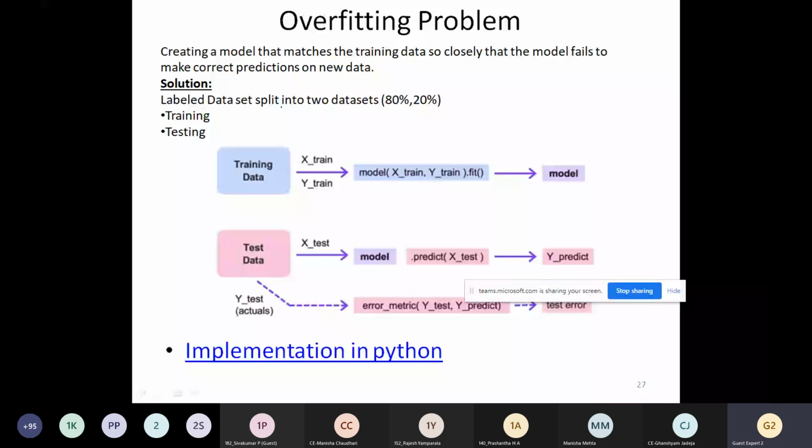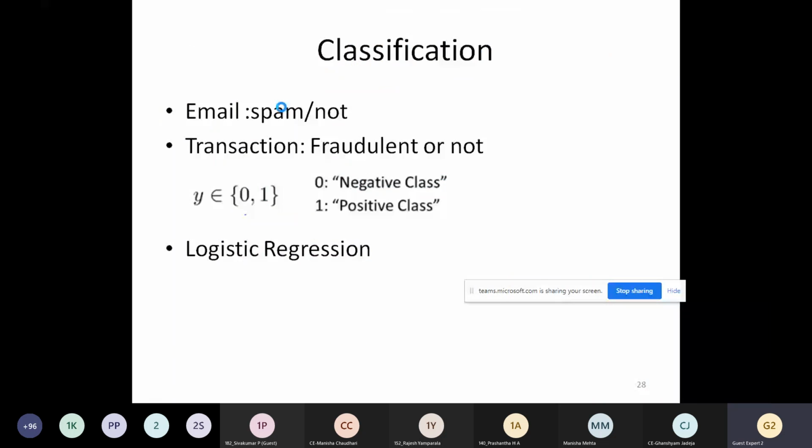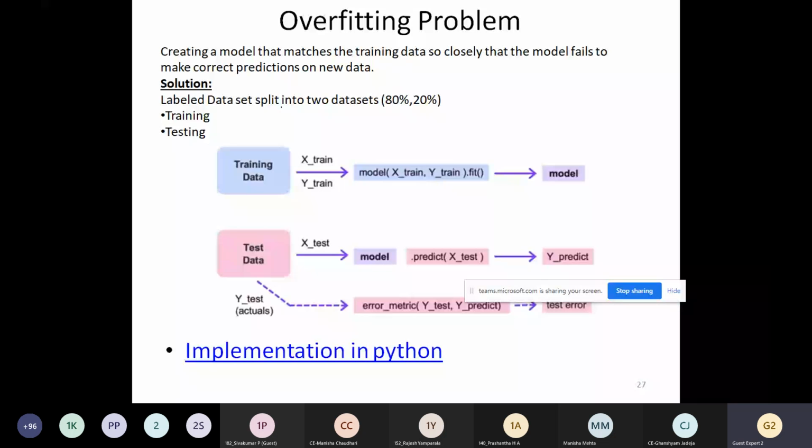So that is the use of dividing your data set into training data and testing data. That is used to solve the overfitting problem. So up to this point, this is all about the regression model, which is used for predicting the real value.